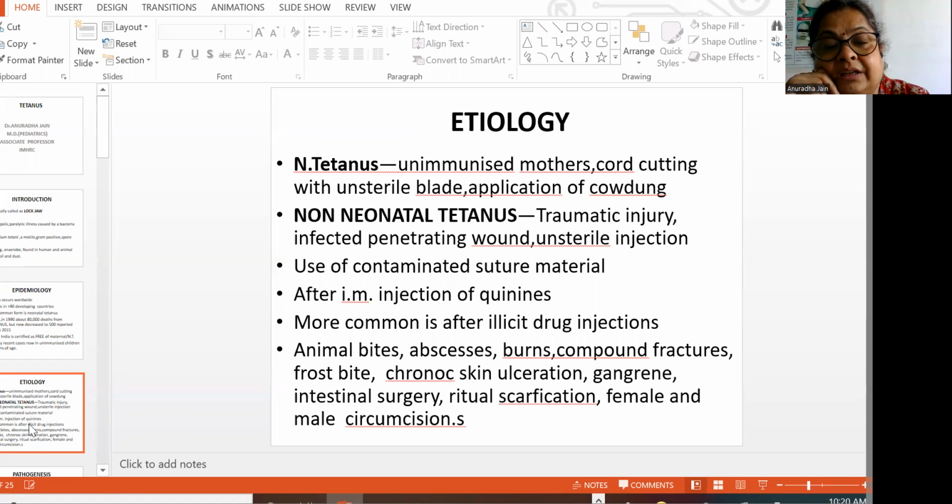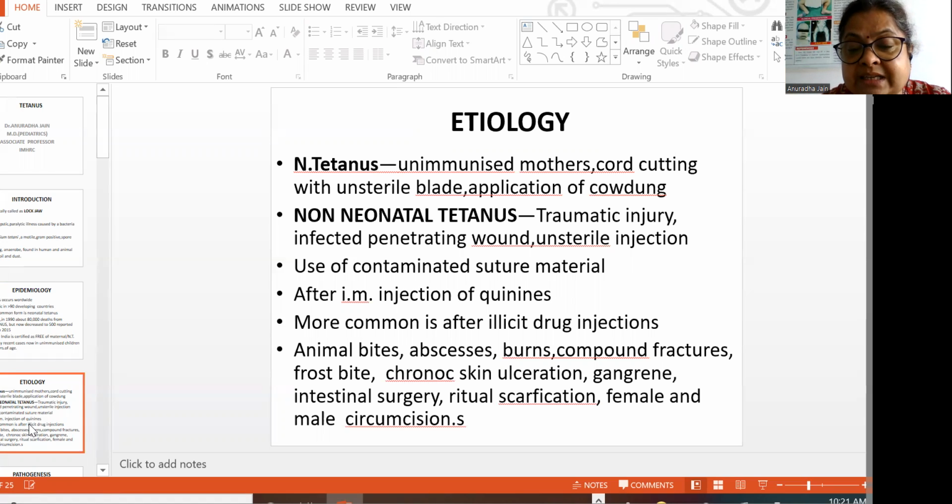And then the second is non-neonatal tetanus. That is due to traumatic injury, infected or penetrating wounds, or unsterile injections. Then use of contaminated suture material, then after intramuscular injection of quinine, and more commonly after illicit drug injections.